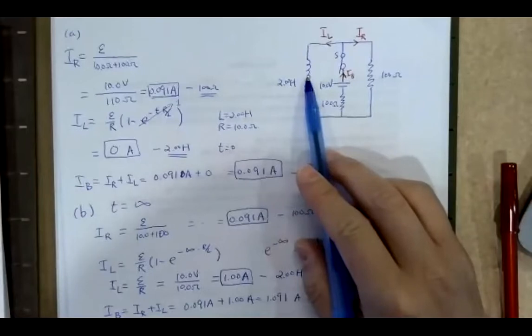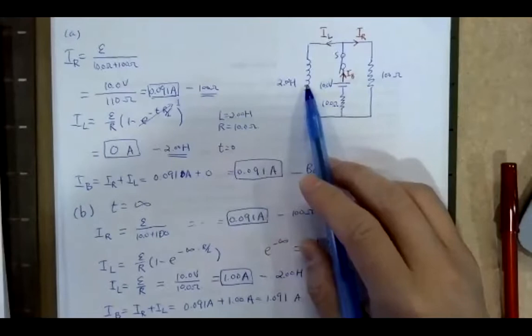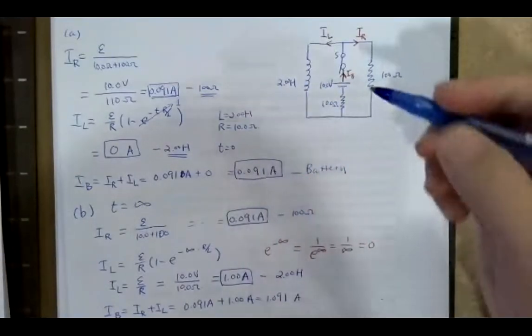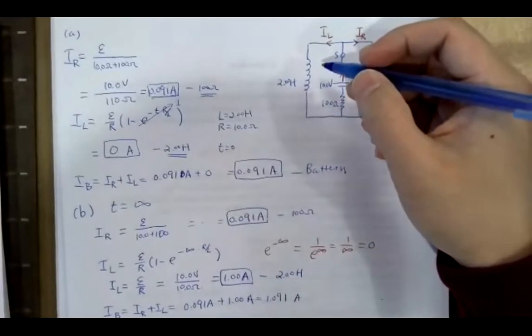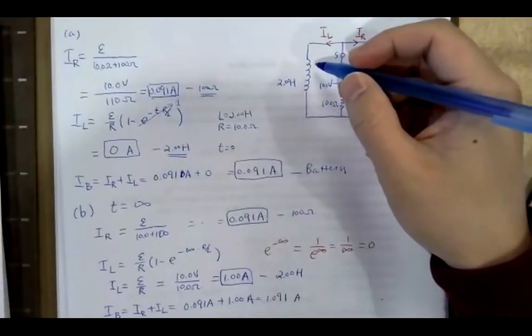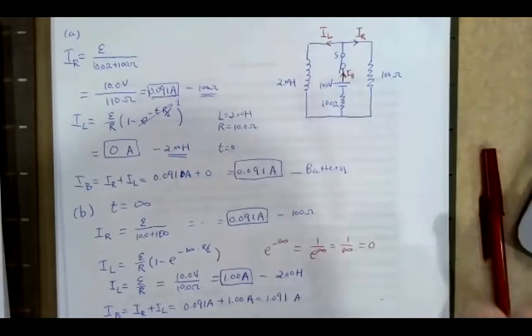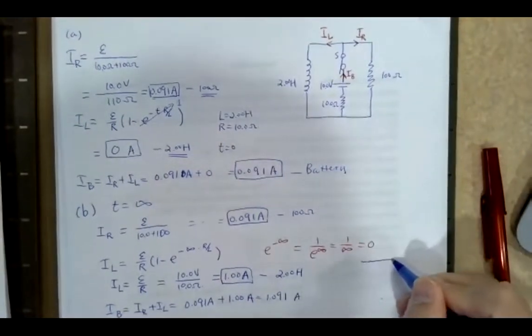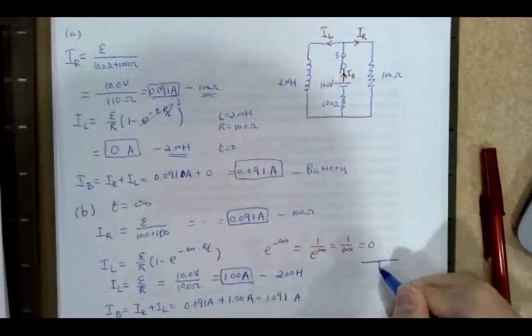So the inductor, with no current changing, will not respond. Afterward, it's not going to have any response, so you can treat it as a straight wire. If that's the case, then let's take a look here. So long after, this is what you'll be looking at.